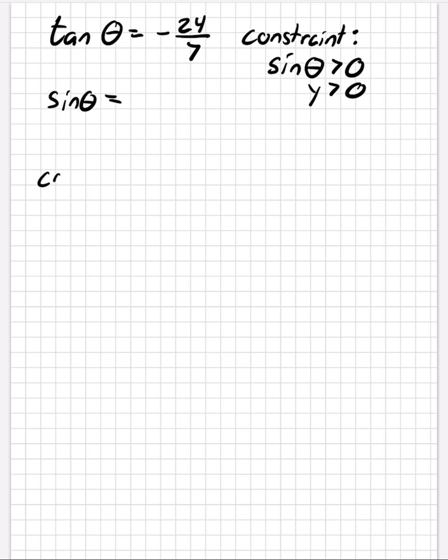And what's the value of the cosine of theta? Knowing that the tangent of theta is equal to negative 24/7. Okay? So just from that first page, the tangent of theta is equal to y over x.